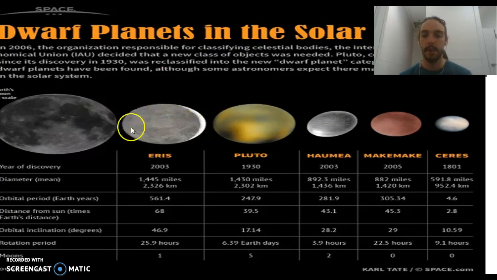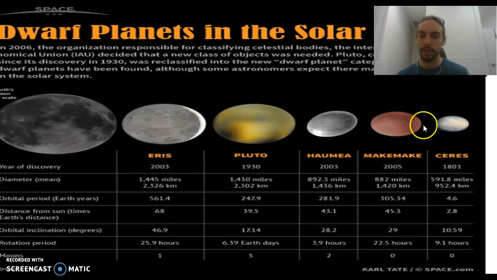So here are the dwarf planets in our solar system. This isn't even all of them. These are just the ones that are pretty observable in our known solar system. There are a bunch in the Kuiper Belt, which we'll talk about later. So here's poor little Pluto. And look, most of these were discovered between 2003 and 2005. Ceres is a pretty easy one to see because it's in our asteroid belt.